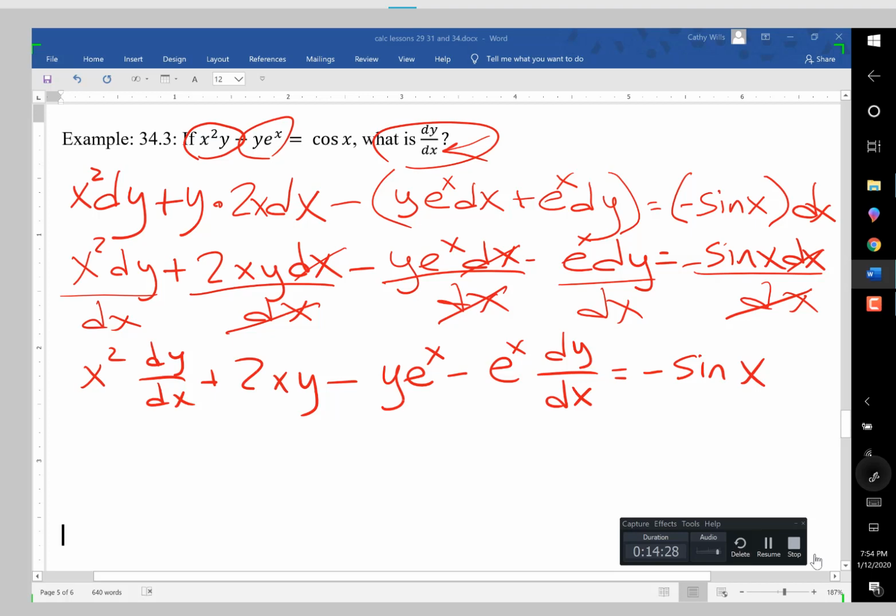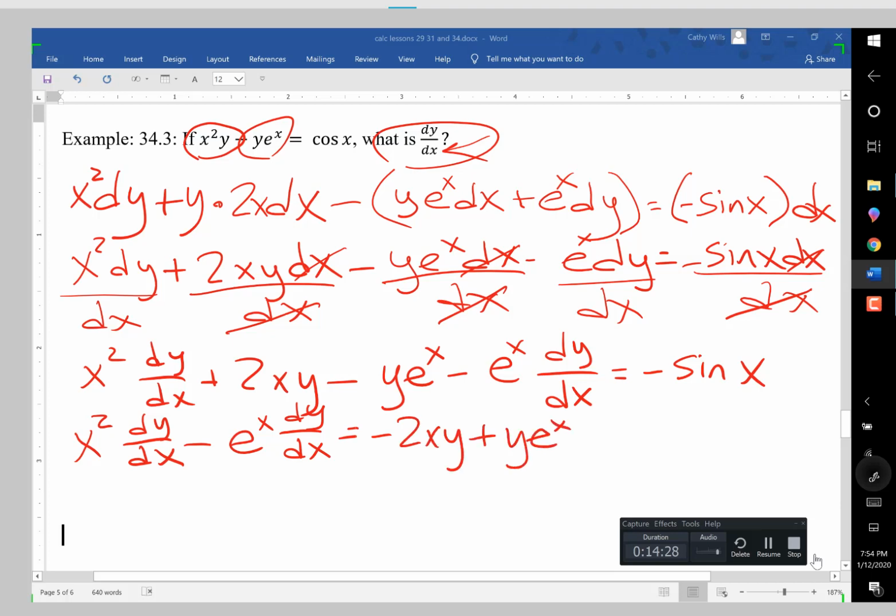So I'm going to get all the dy/dx's on one side and everything else on the other side. So x squared dy/dx minus e to the x dy/dx equals negative 2xy plus y e to the x minus sine x.